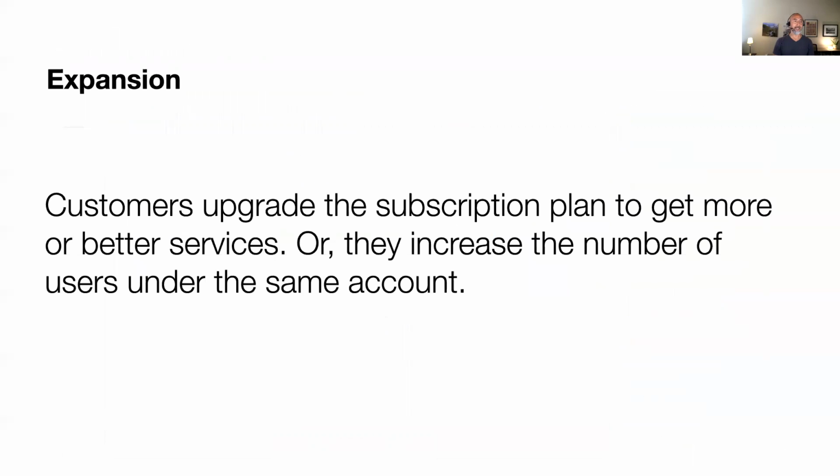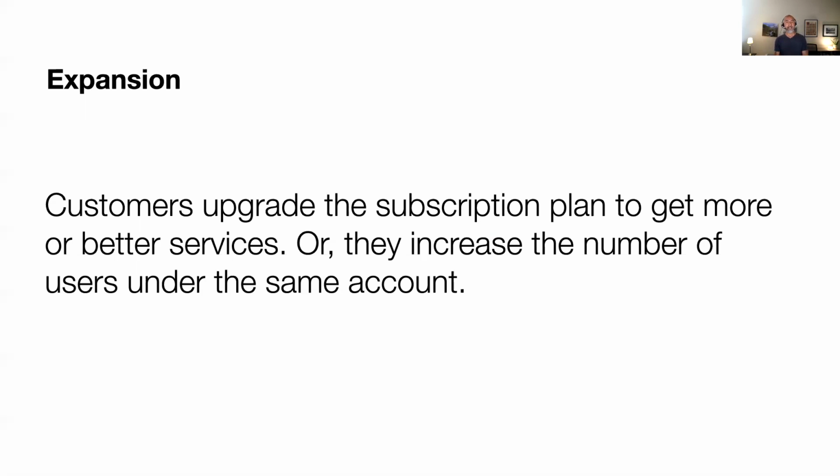Upgrade, we call it expansion, meaning customers upgrade the subscription plan to get more or better services. Or even without an upgrade, sometimes you increase the number of users under the same account, especially with Slack or Dropbox or whatever. You just keep adding users, right?